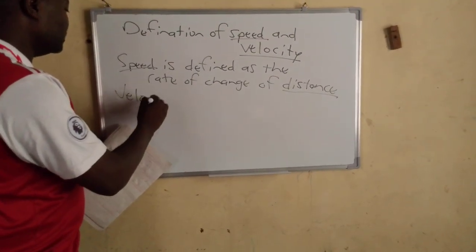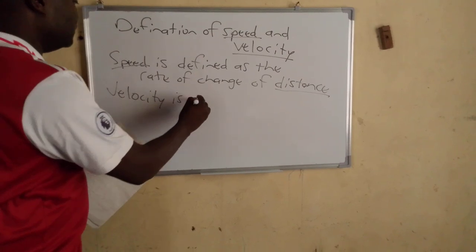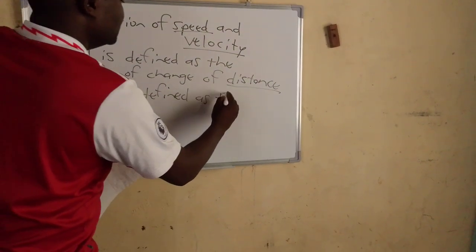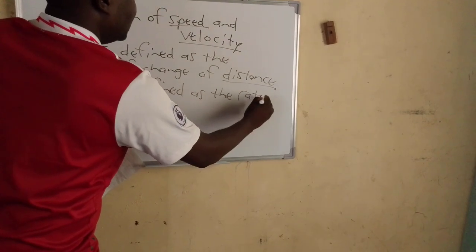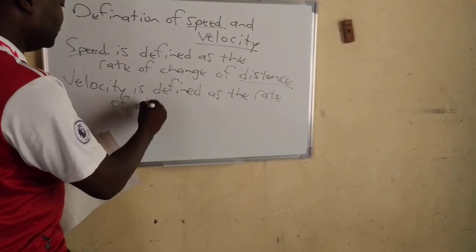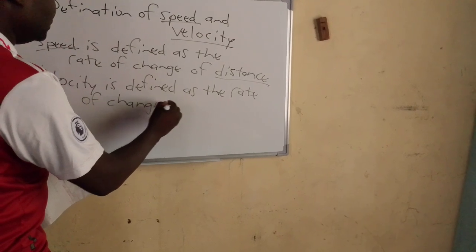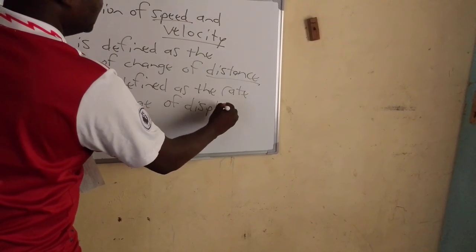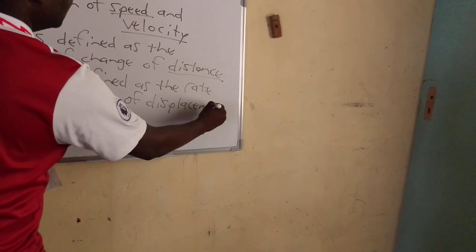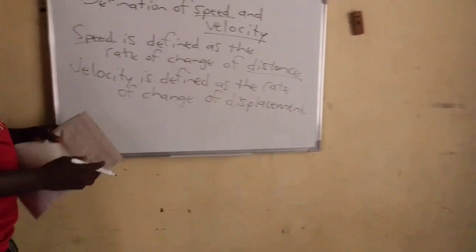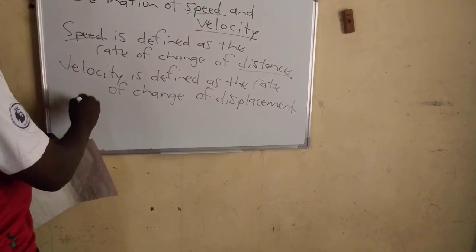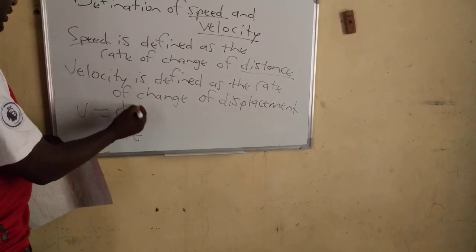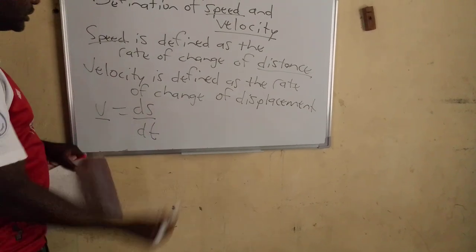Velocity is defined as the rate of change of displacement. So v is ds/dt, where s is the displacement.